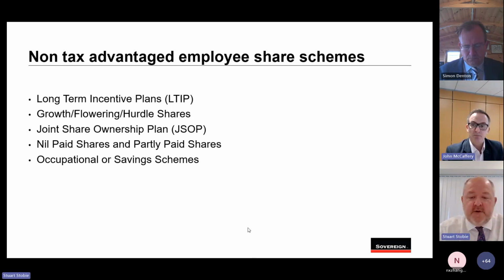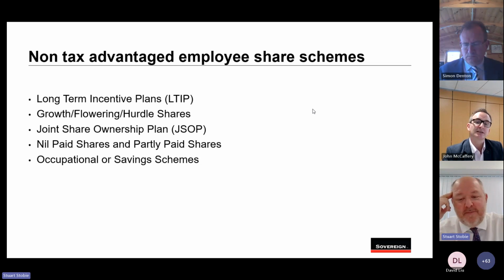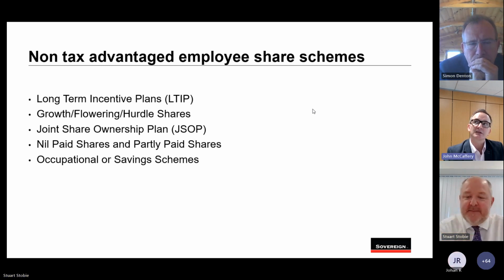Okay. John, just jumping in, are you suggesting therefore that there may be some fashion trends or fads around certain schemes? So for example, the main tax advantaged incentive scheme we come across is the enterprise management incentive, right?